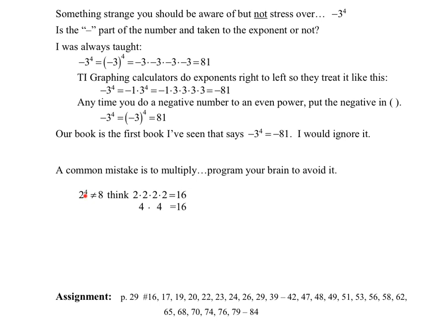So you don't just multiply those numbers, it's not the same as 2 times 4. 2 to the fourth is 2 times itself 4 times. You can do the math however you want, but how I wrote it here was 2 times 2 is 4, 2 times 2 is 4, 4 times 4 is 16. But anywho, that's it for this section.